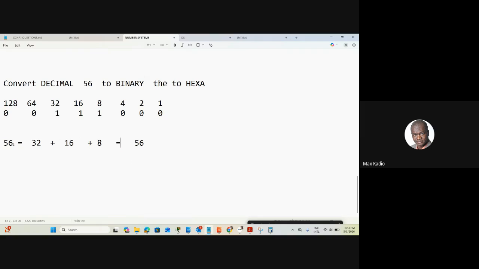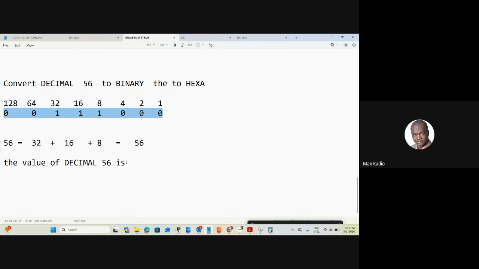So it means your answer is, the value of decimal 56 is, you take everything here, it is the value in binary.